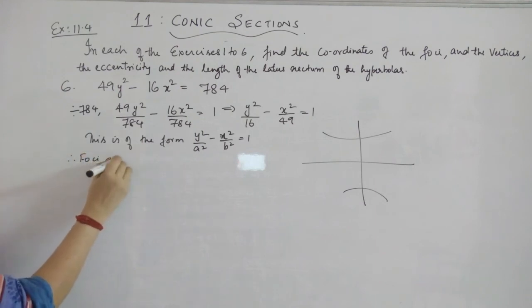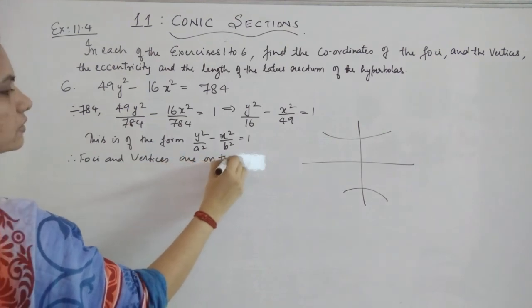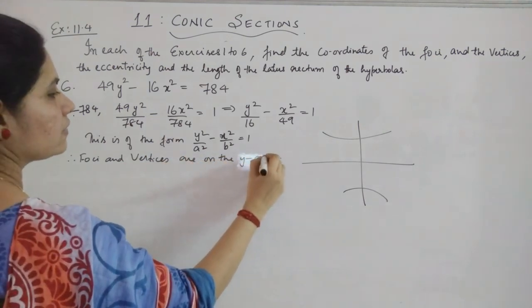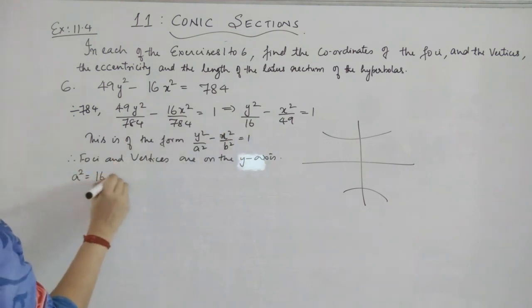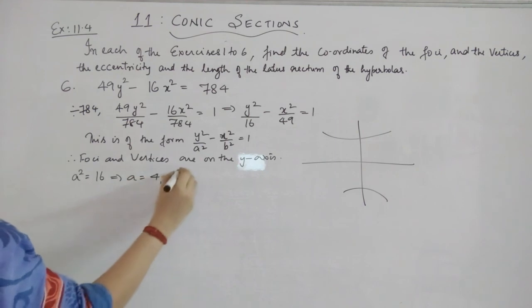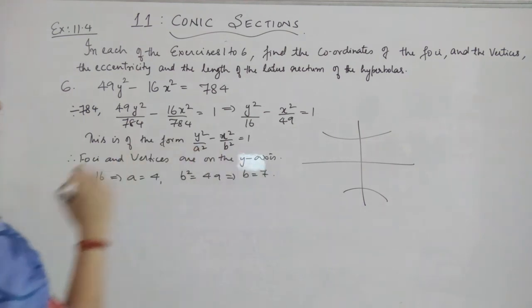Foci and vertices are on the y axis, so that will give an idea about how to take the coordinates. Again we have to find out a, b and c. Now comparing, you will get a square here is 16, so that a is equal to 4, b square is equal to 49, which will give you b is equal to 7.